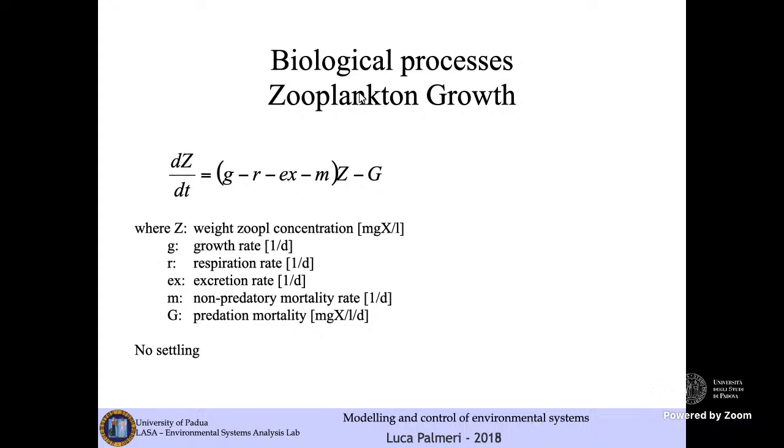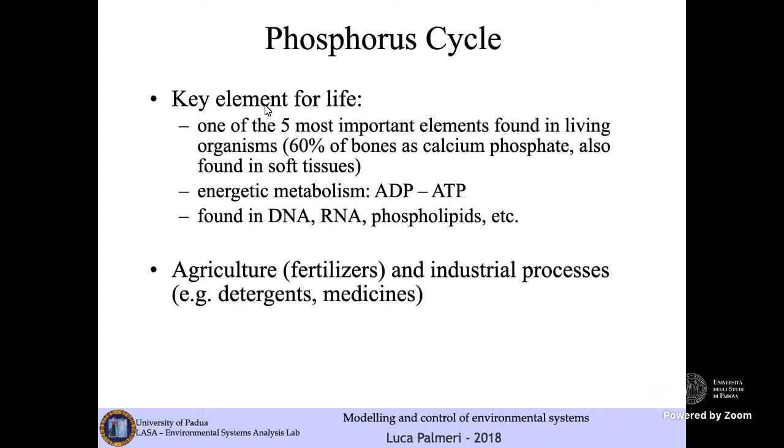So they may be able to swim and to pass from the bottom part onto the surface part of the system, so that the settling effect becomes, in this case, negligible, because these are animals that are capable of moving themselves toward those parts of the system in which they find most nutrient availability.